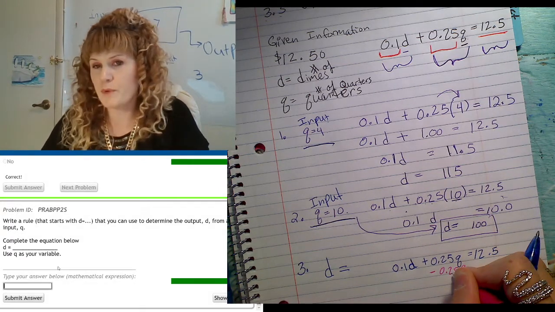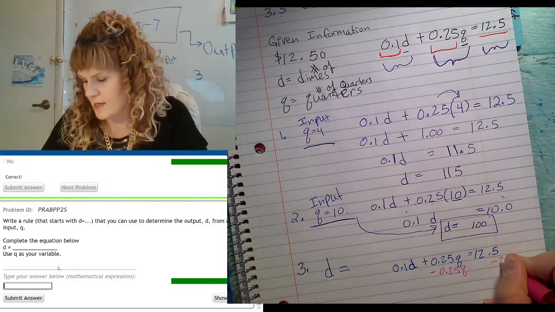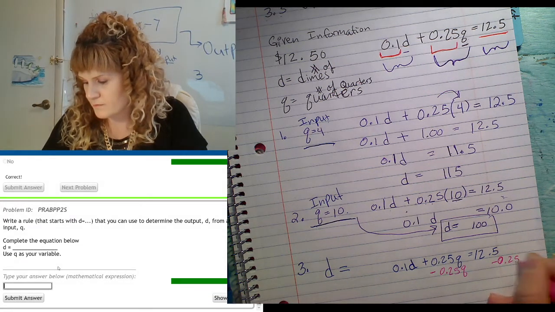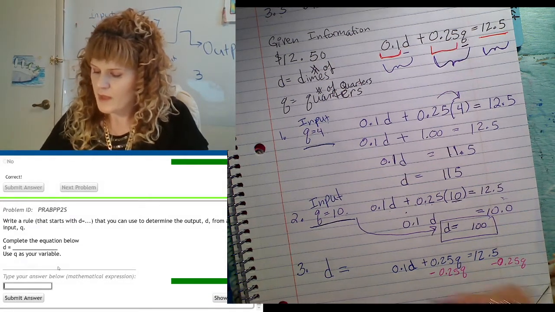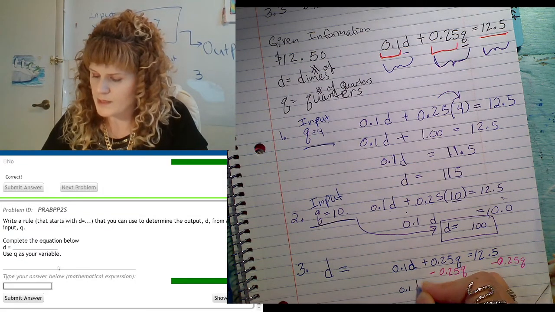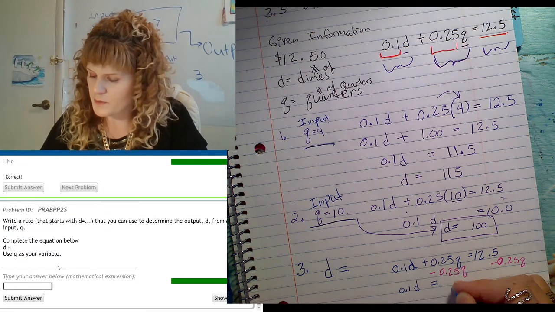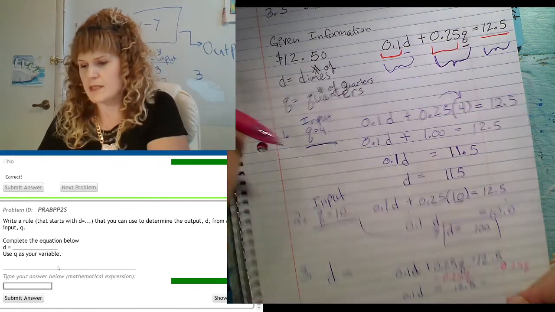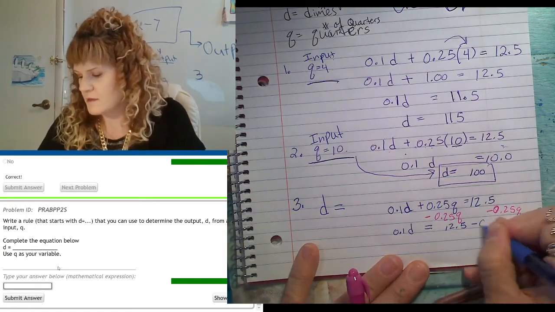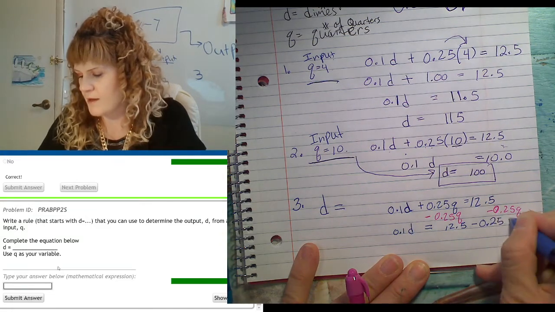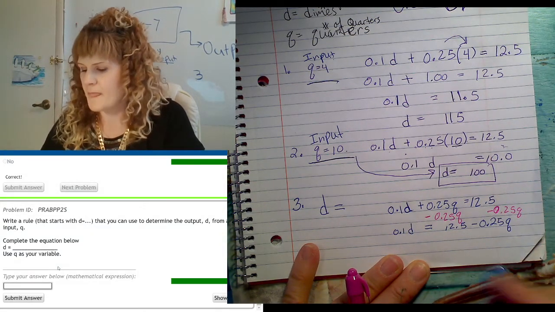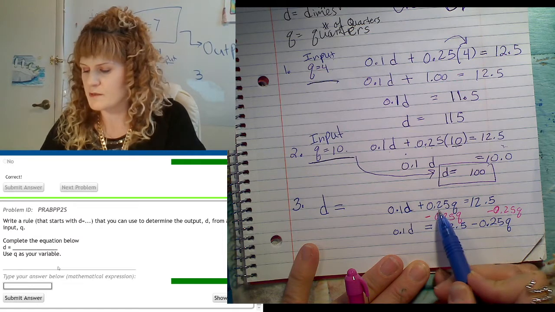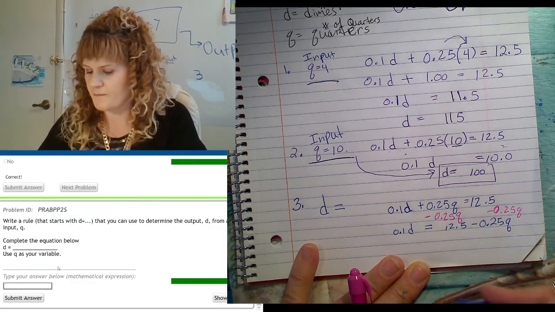So minus 0.25Q on both sides. That gives me 0.1D equals 12.5 minus 0.25Q. Okay, all I did was move this term to the other side of the equation.